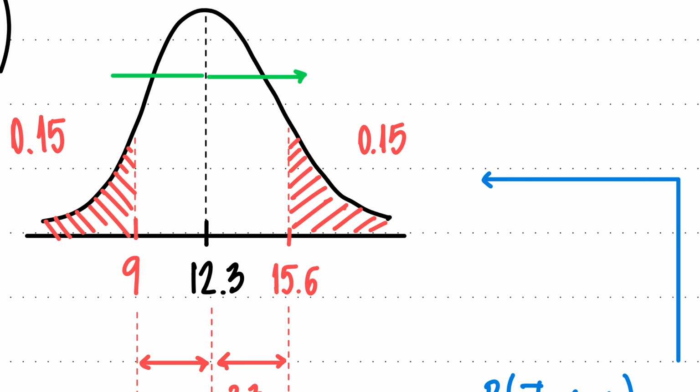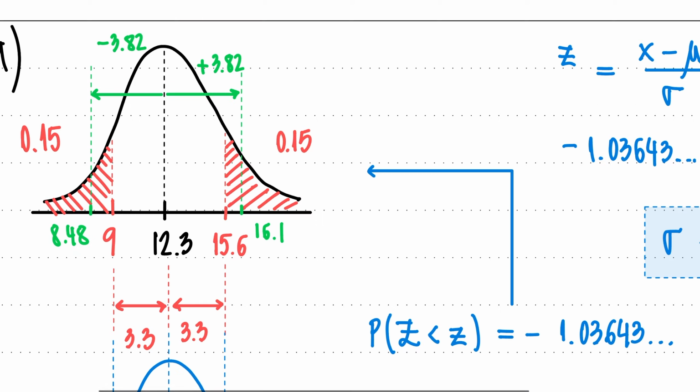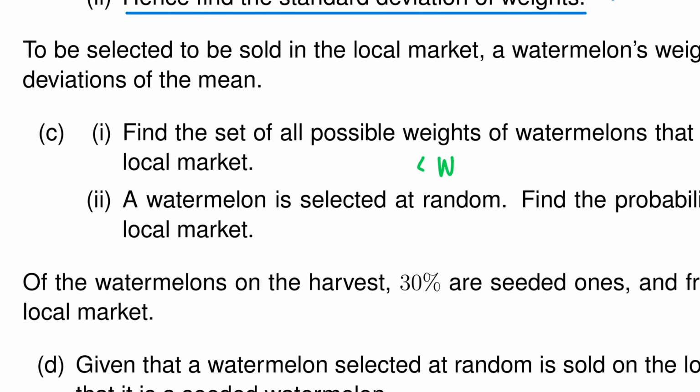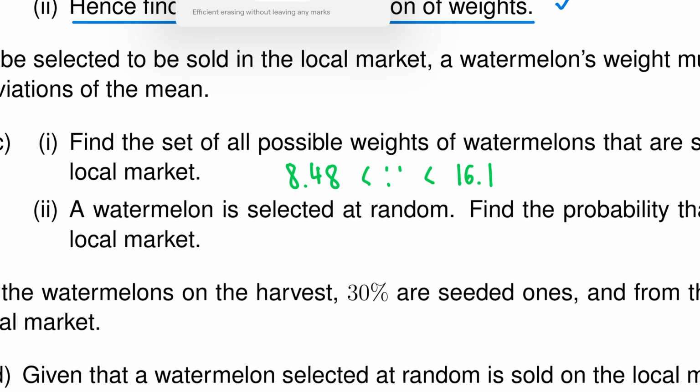Therefore, 3.82 to the right and 3.82 to the left, given that the center is 12.3, means from 8.48 to 16.1. So we can write it as an interval: 8.48 is less than W, which is less than 16.1. And let me actually change this W to X because we are calling the weights of watermelons X. So there you go. This is the interval.